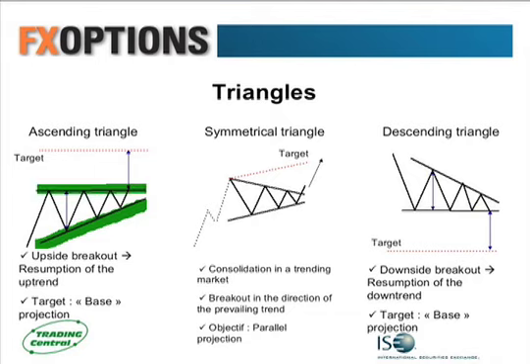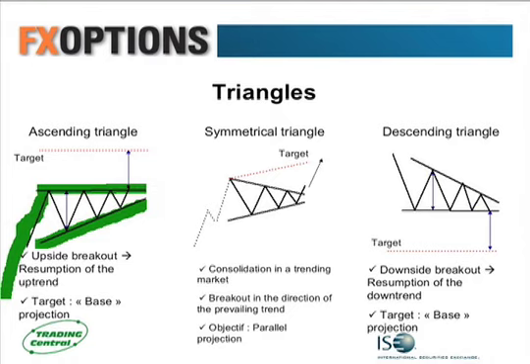In general, an ascending triangle is a consolidation pattern. So I mean, you have a bullish trend just before the ascending triangle, and the consolidation is shaping within this ascending triangle. And when we have the upside breakout of the ascending triangle, you can determine a target.